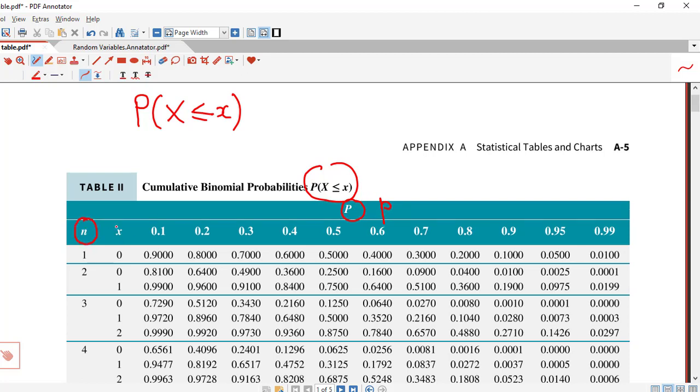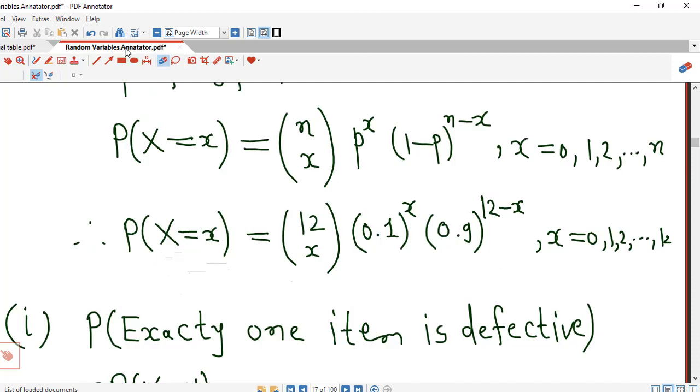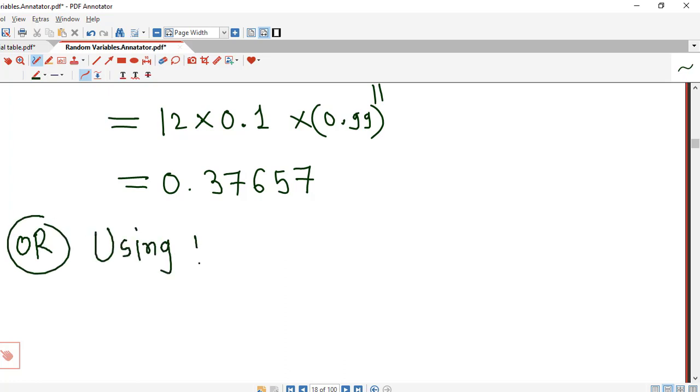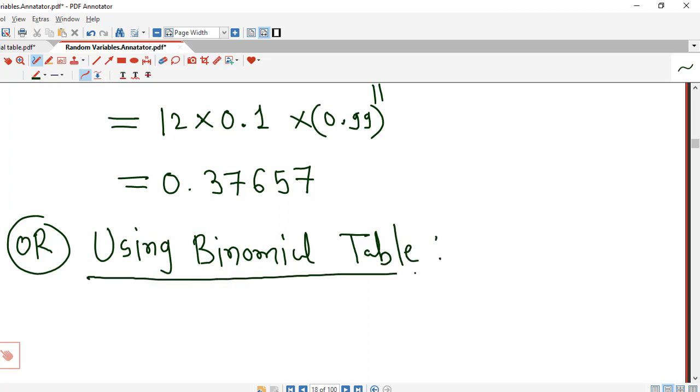We require number of trials and corresponding value of x in this type of cumulative probability. Okay, so if we don't want to do calculations, or if calculations are lengthy, we can go for binomial table also.